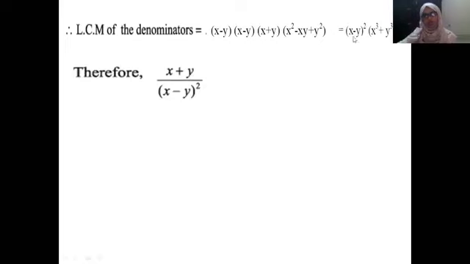Now we divide this LCM by x minus y whole square. We get the quotient x cube plus y cube. Now multiply both numerator and denominator by this quotient.